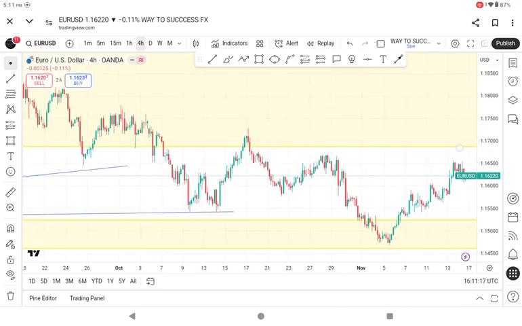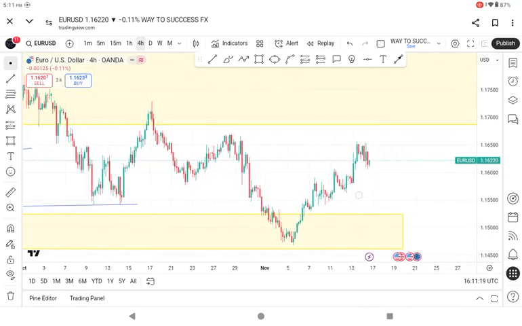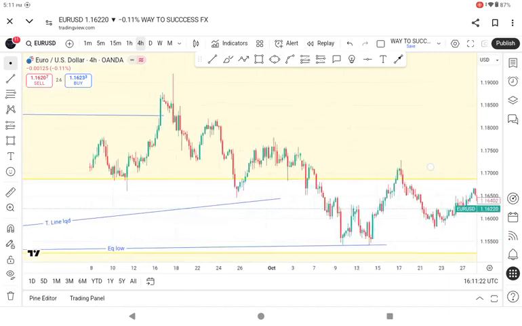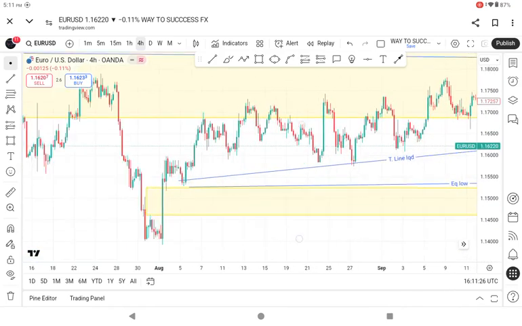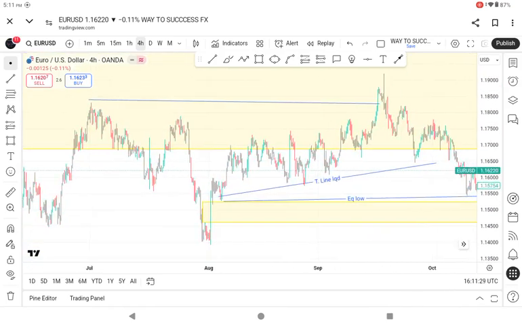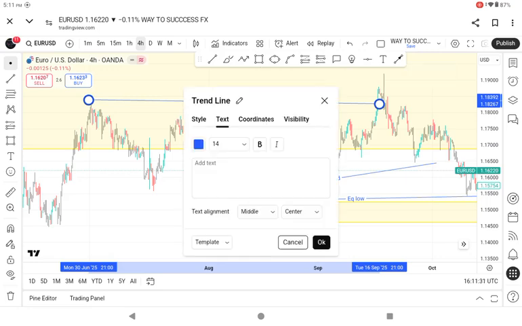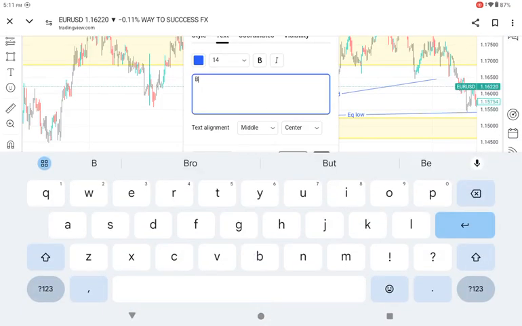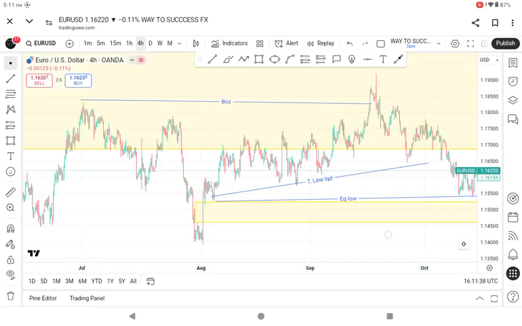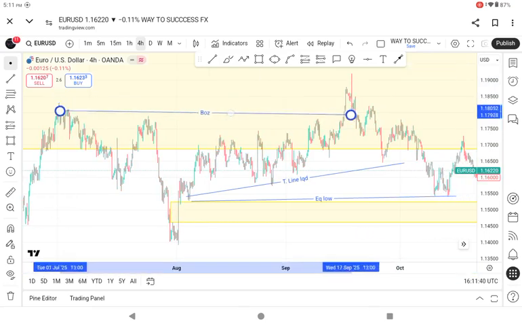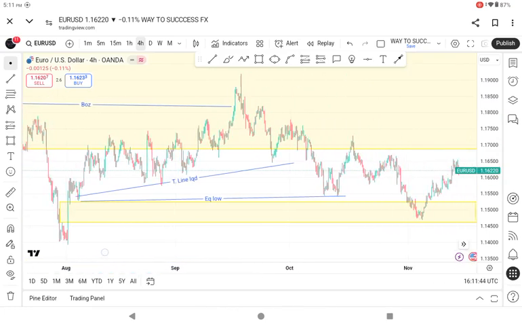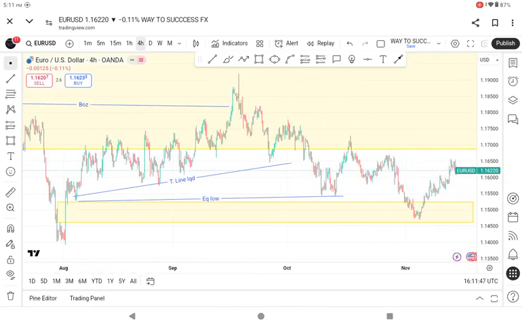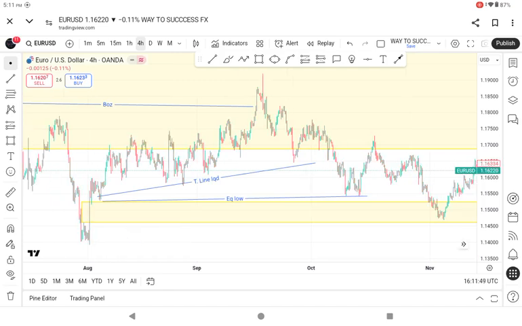What do we have in H4? At this level where we marked our daily break of structure, BOS, continuation to the upside, that is also the level where we have H4 break of structure, and price now is reacting in this imbalance here.